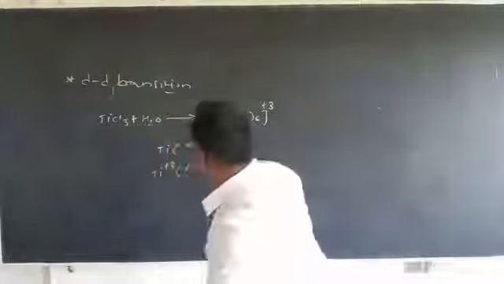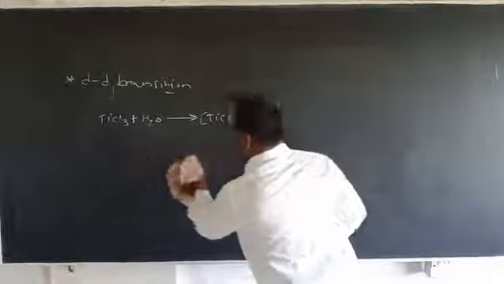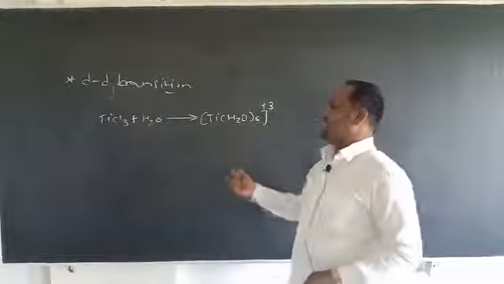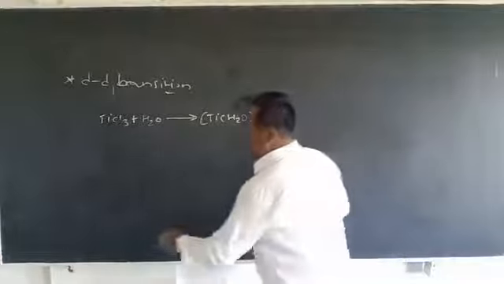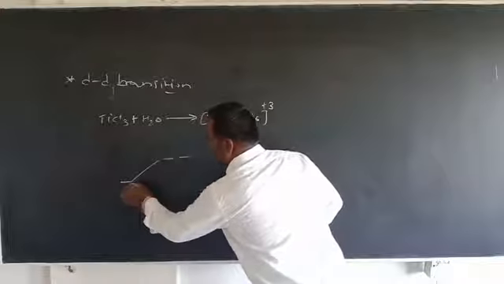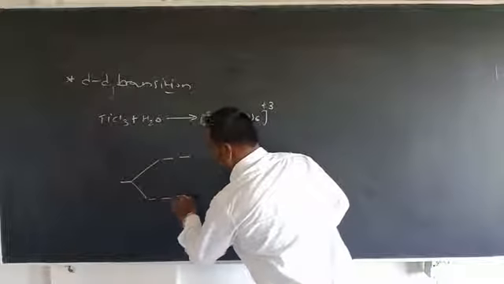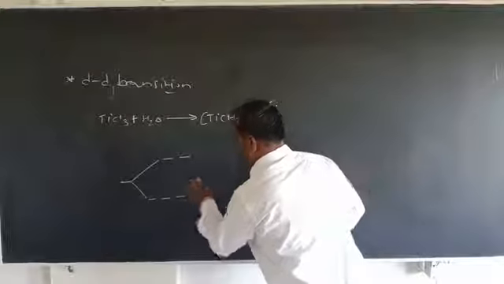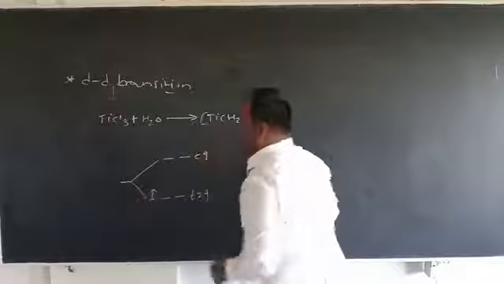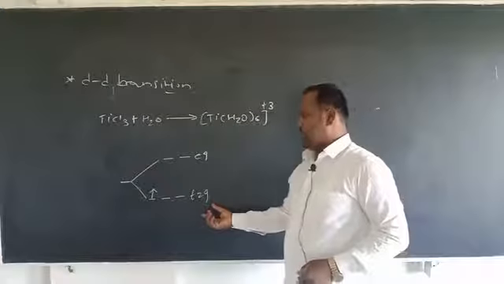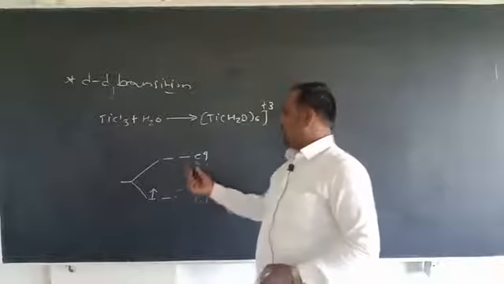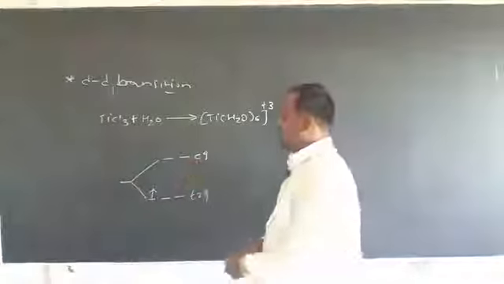In the presence of ligands, this titanium forms a complex, and the d orbital splits into two energy levels, one is T2g and another is Eg. A single electron is present in the T2g orbital, and this electron goes into the Eg orbital by absorption of light radiation.